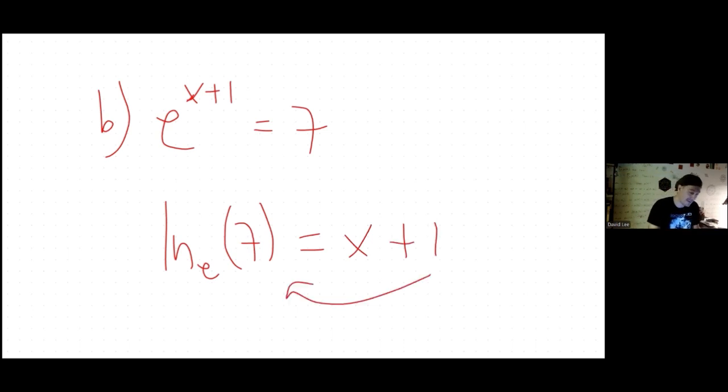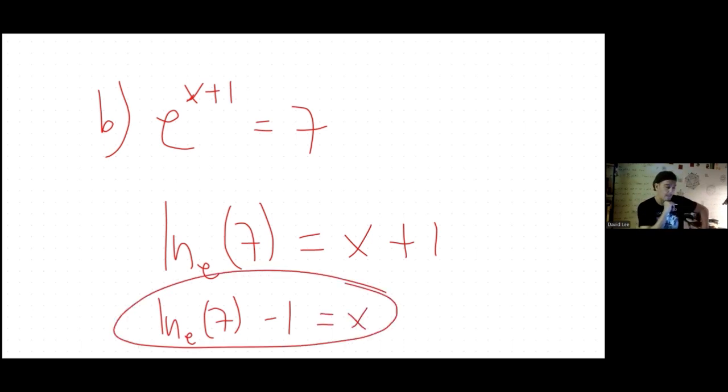And then if you subtract the 1 to the other side, you'd get your final answer. Natural log base E 7 minus 1 equals x. Box that in. Done. That's the exact answer.